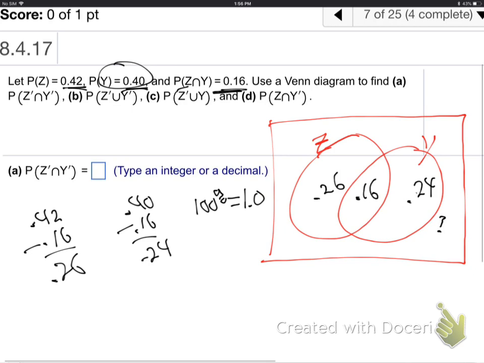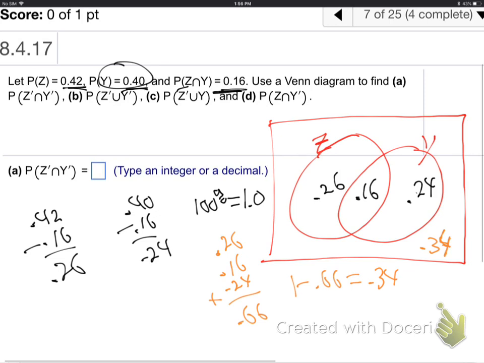So that means I add these up: 0.26, 0.16, 0.24. Is that 0.66? 5, 6, yeah. And then 0.66 from 1 is 0.34. So out here must be 0.34.